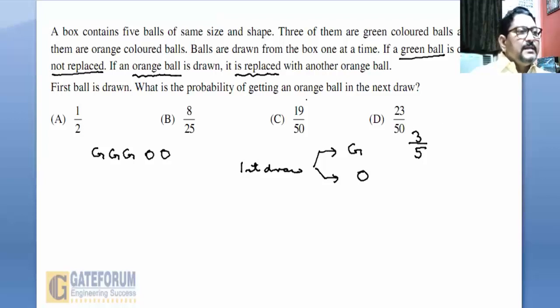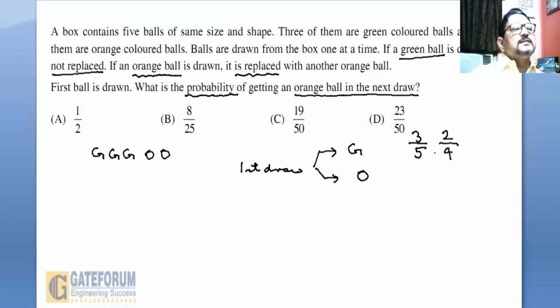It won't be replaced. So now in the box, there are 4 balls left. And from the 4 balls, I am picking up an orange ball because that is whose probability is being asked. So the probability of picking up an orange ball would be, there are 2 orange balls out of the 4 balls left. So 2 by 4.